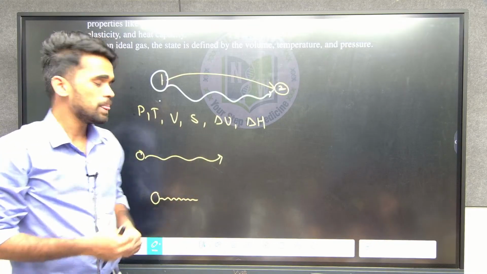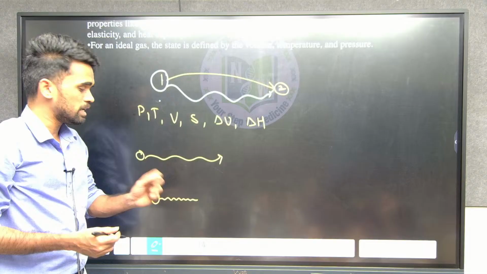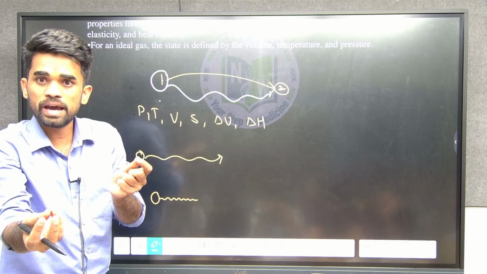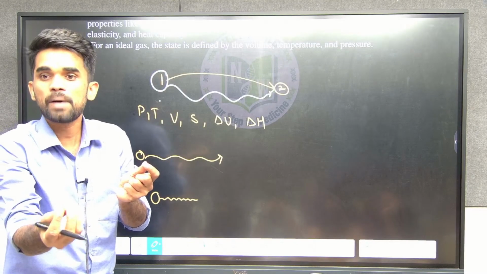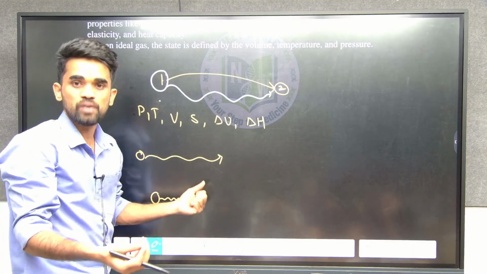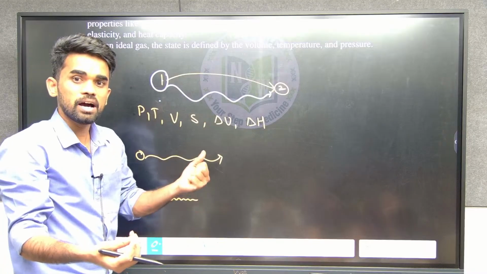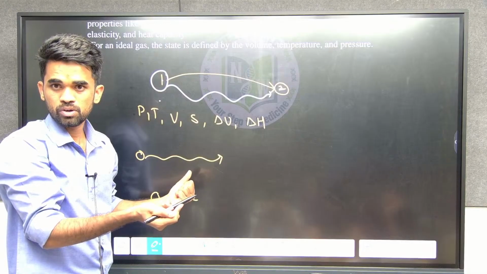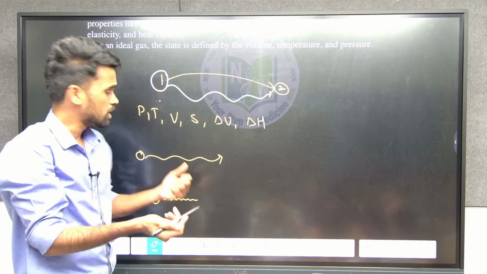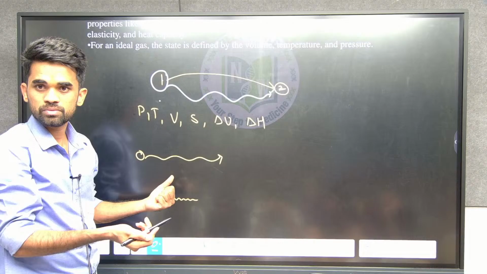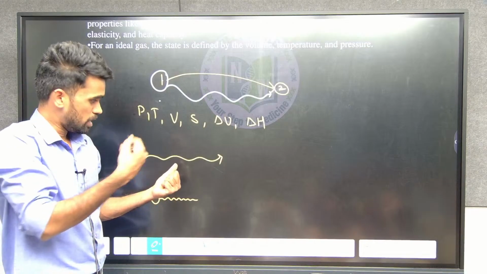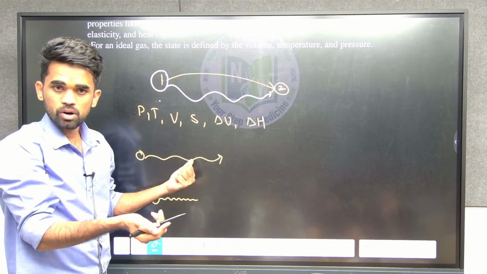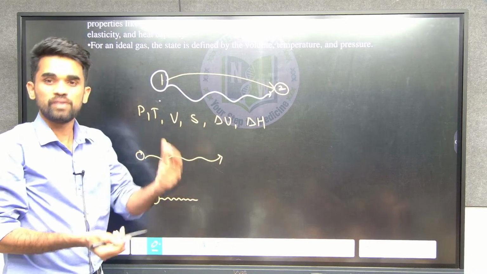Depending upon the way you do the process, I can say heat is a path function. The way he follows defines his amount of heat released or absorbed, and the work done by that fellow. So the amount of heat released from the first person will be more. This is what path function means.